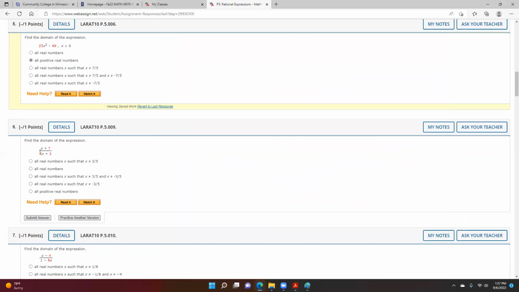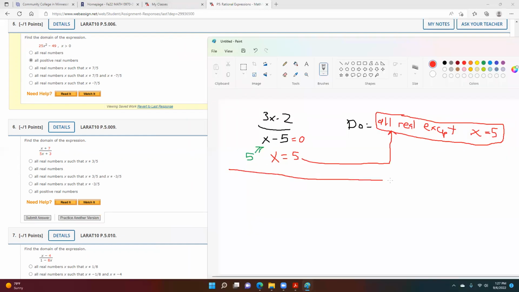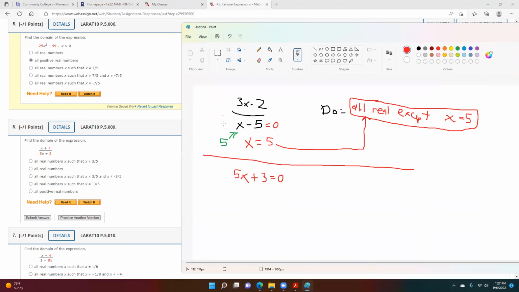So can someone solve for your denominator for me? Solve your denominator. 5x plus 3, and you make it equal to 0. Would it be all real numbers? No, we still need to solve this first. You have to solve your denominator first, and you will get your answers popping up here.